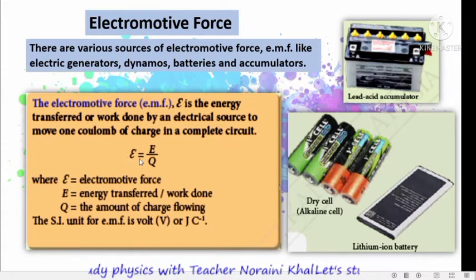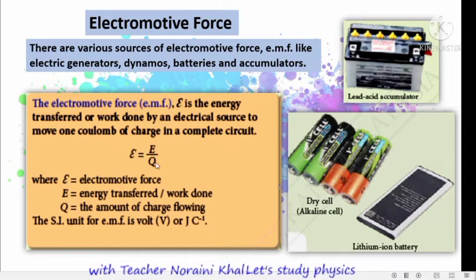Thus, EMF is equals to work done by an electrical source, E, per unit charge in a complete circuit, meaning from positive terminal to negative terminal. The SI unit for EMF is also volt or joule per coulomb based on the formula here.